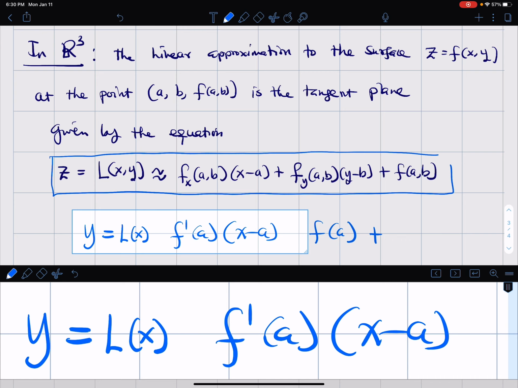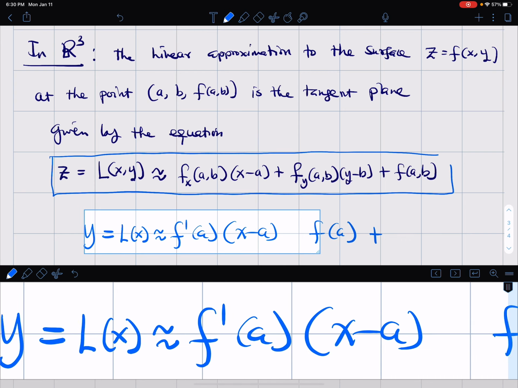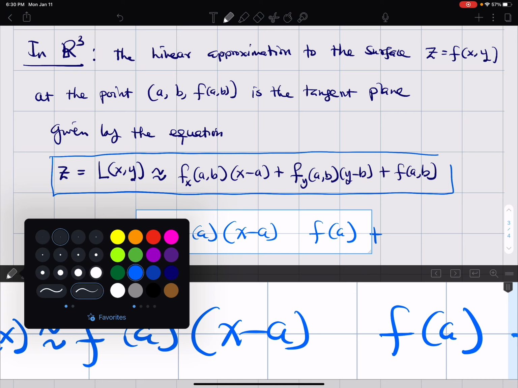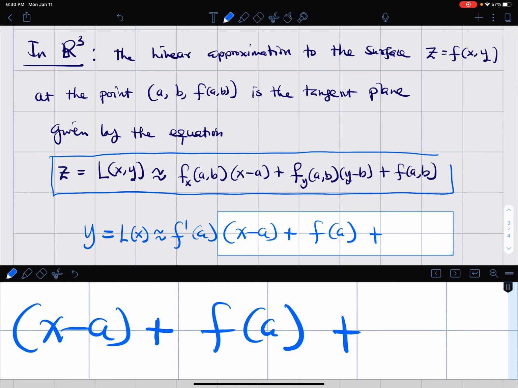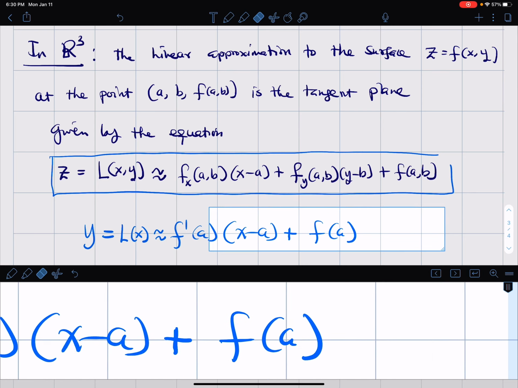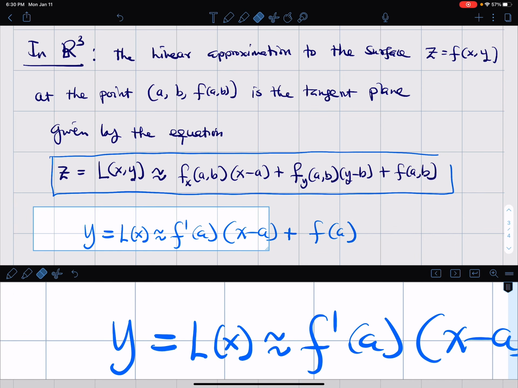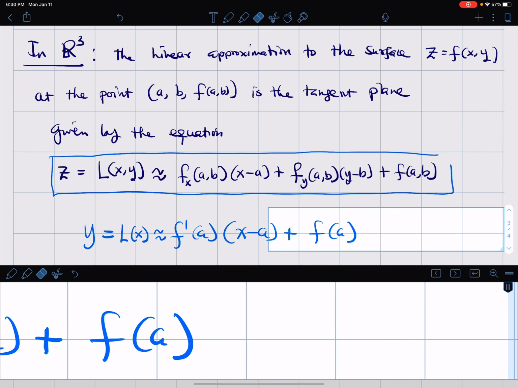So this is in R2, but I'm trying to compare it to what we're going to be dealing with in R3.